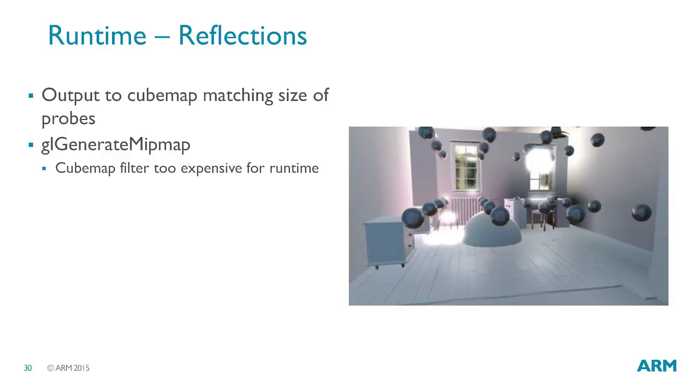I haven't actually implemented it, but a better way is to spread this MIP map generation across several frames as well, because generating MIP maps of cube maps is quite expensive, since you have to generate MIP maps for every face of the cube. So you basically get 6 times the number of MIPs that you need to compute. So spreading the load can be quite important.